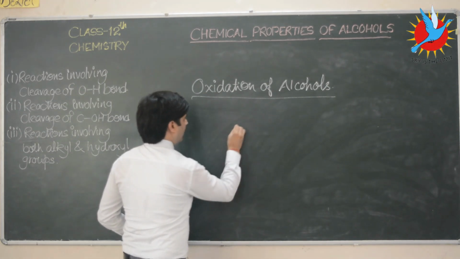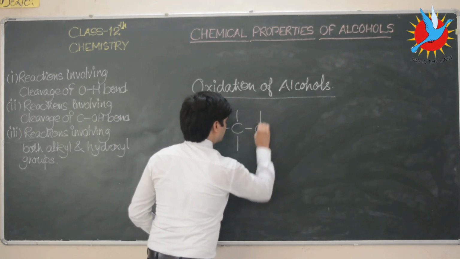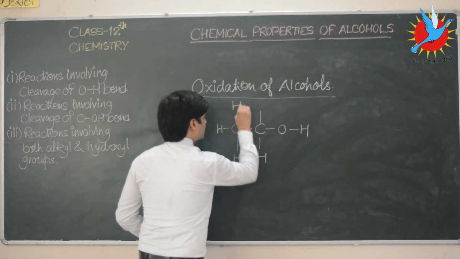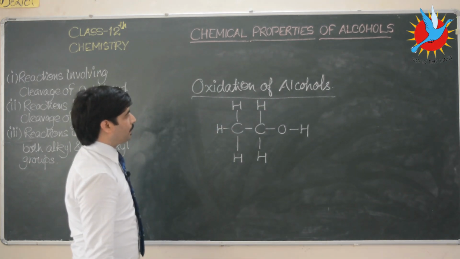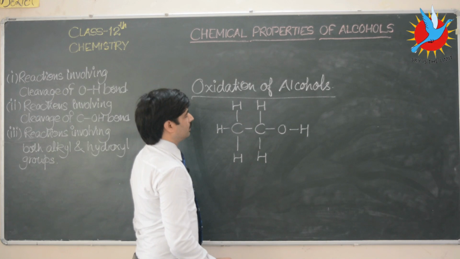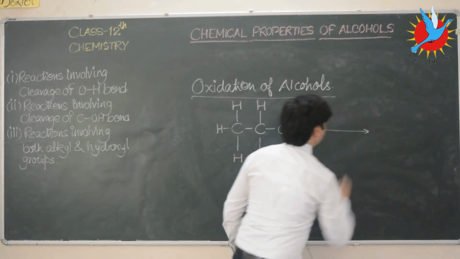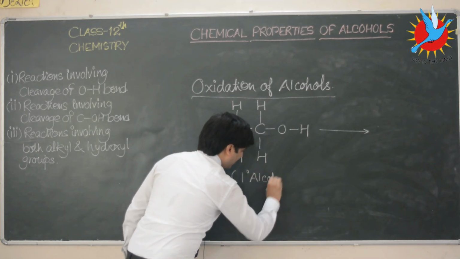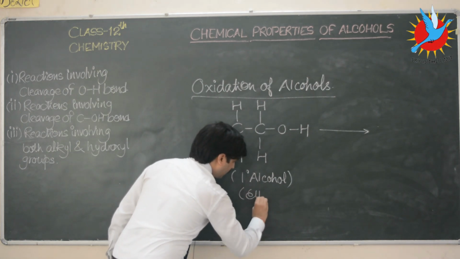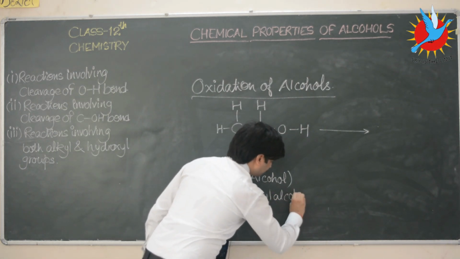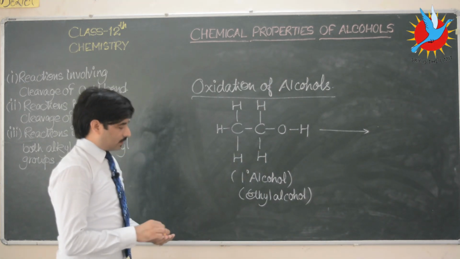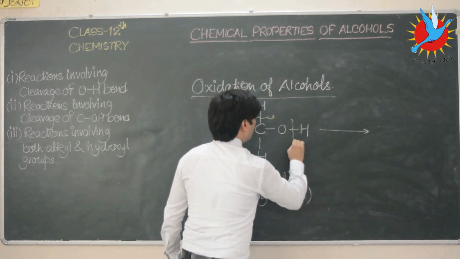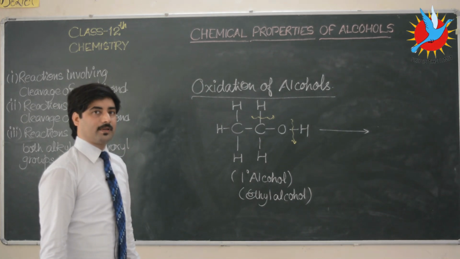During oxidation of alcohol, both CH and OH bonds get broken down. I am taking the example of ethyl alcohol, a type of primary alcohol.